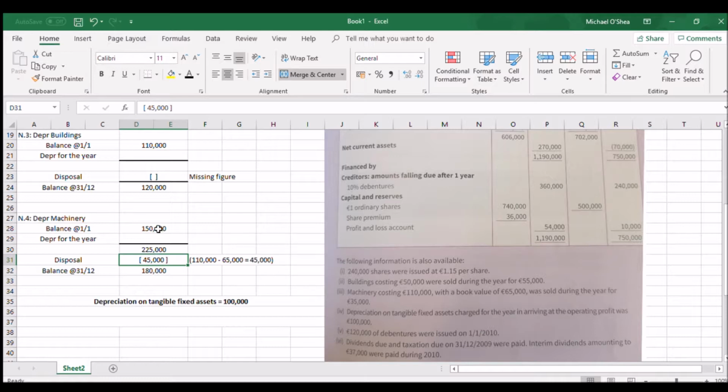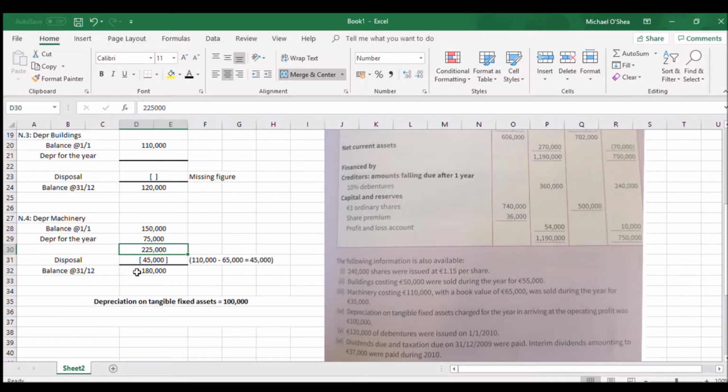And I know to get from 150,000 to 225,000, I had to have depreciation for the year, and that has to be 75,000. Once again, 75,000.